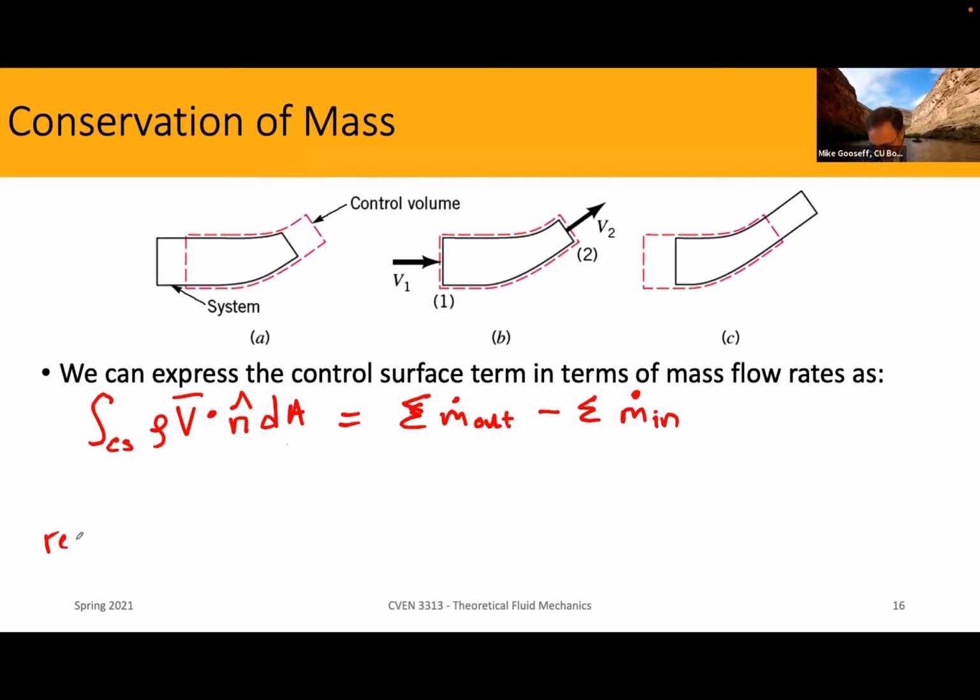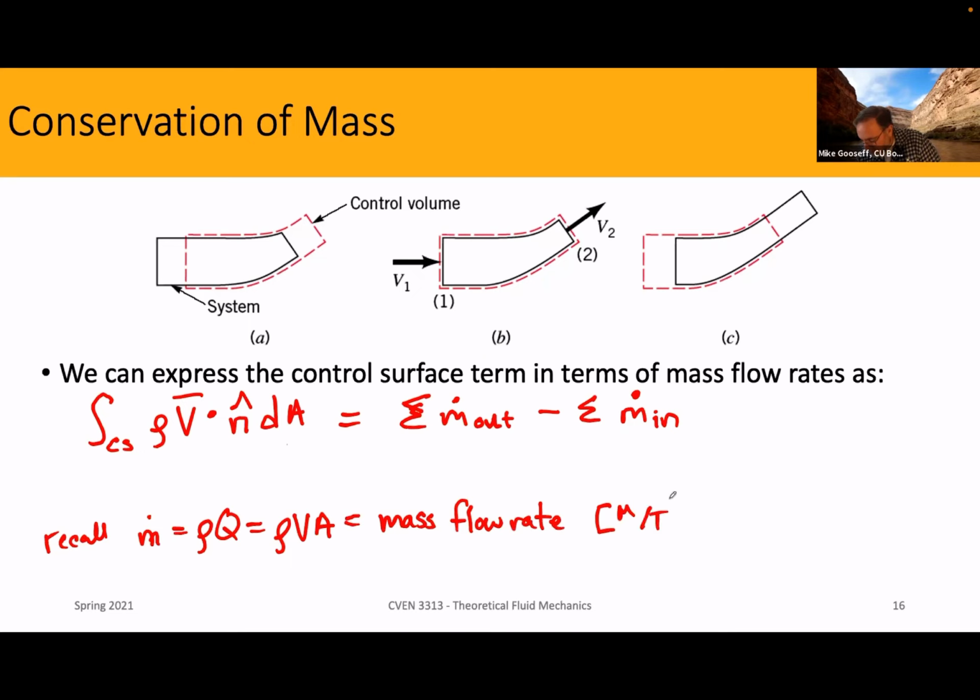Recall that m dot is equal to rho times Q, or equal to rho times V, the average velocity, times cross-sectional area A. And so this is a mass flow rate, and its dimensions are mass per time, or mass times T to the minus 1.